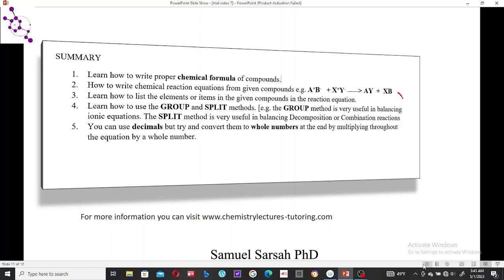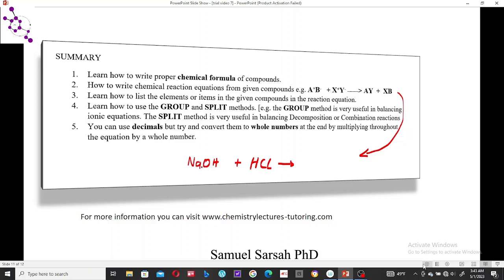Let me try and write an example. Let's say we have sodium hydroxide plus HCl, and then they're asking you to write the products.